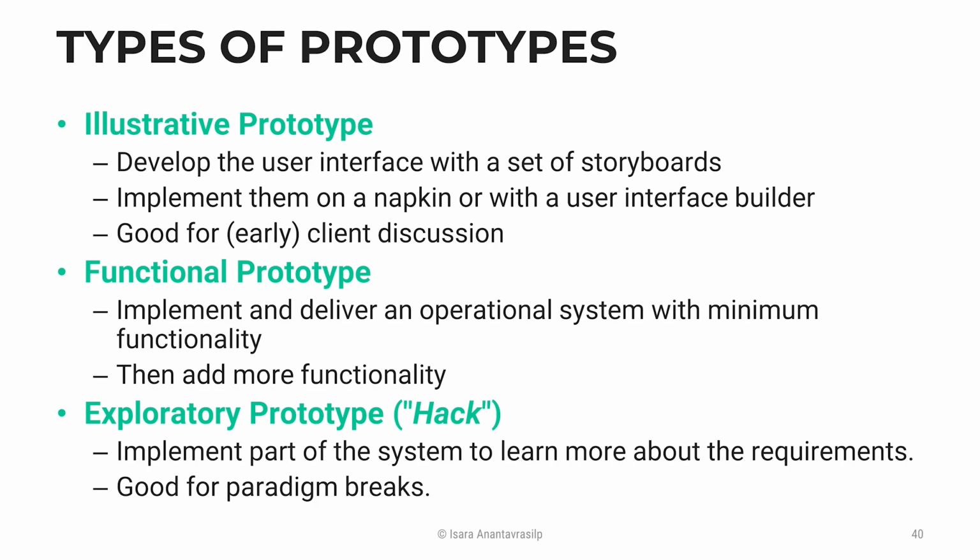The other one is the exploratory prototype. You explore something or do a hack. You try to implement part of the system or re-implement part of the system to learn more about the requirements. For example, normally you're using bubble sort. I don't know, it's a bad example, but bear with me.